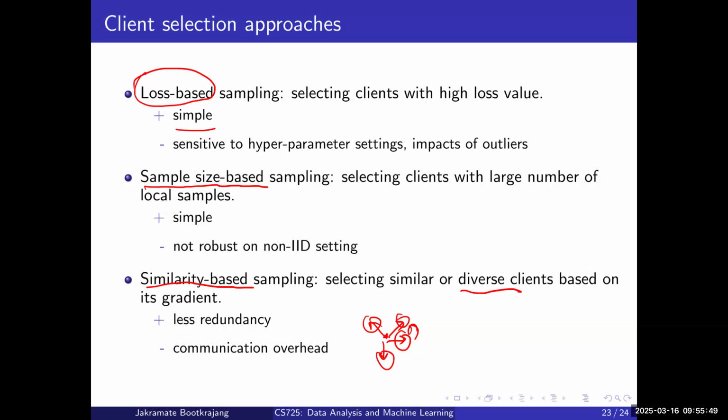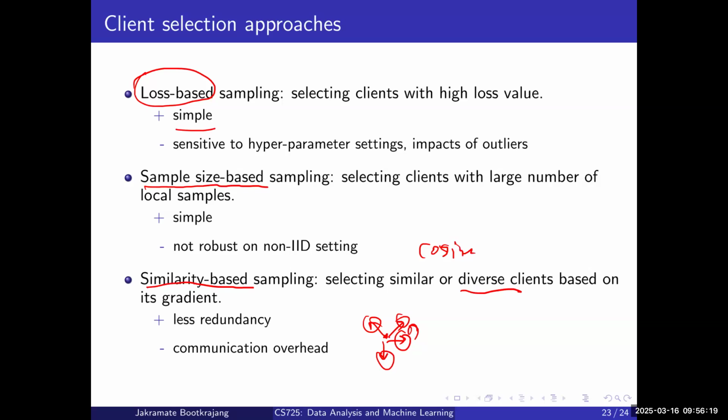For gradient, what we care about is the direction of the gradient. You want a diverse direction, and when you compare direction, you want to compare the angle. The only similarity function that computes the angle for you is the cosine similarity function.